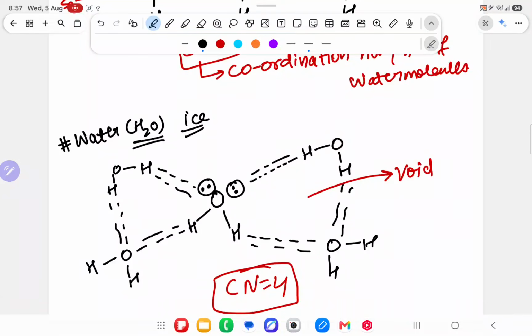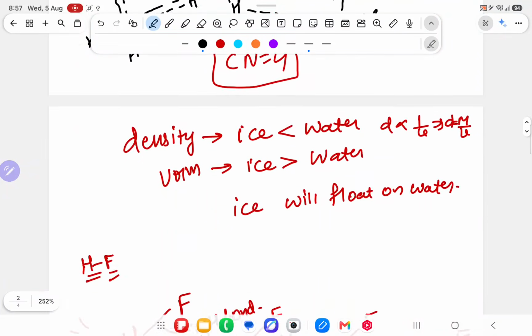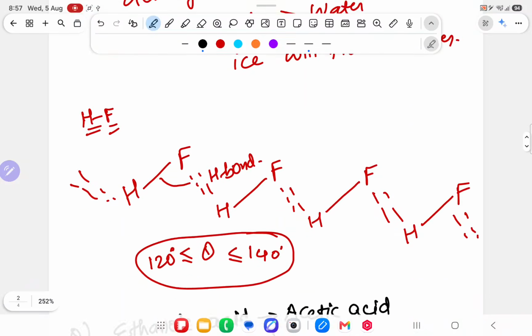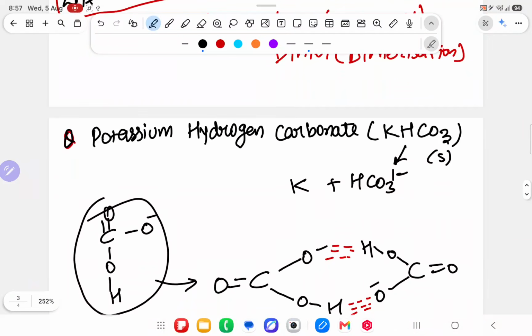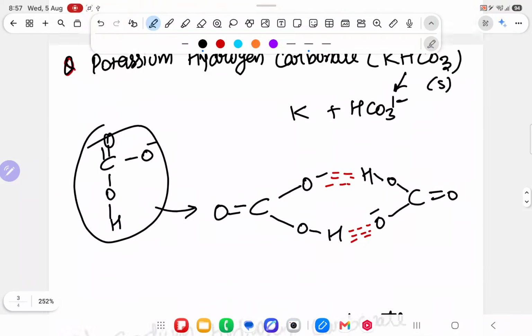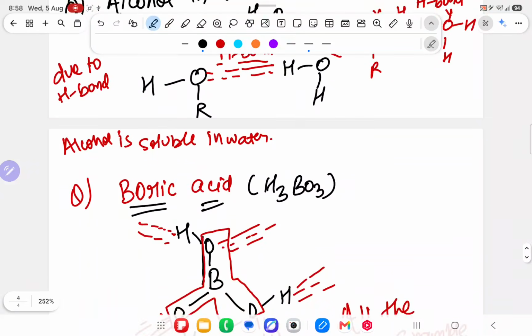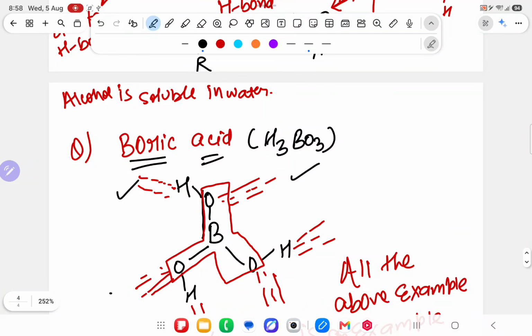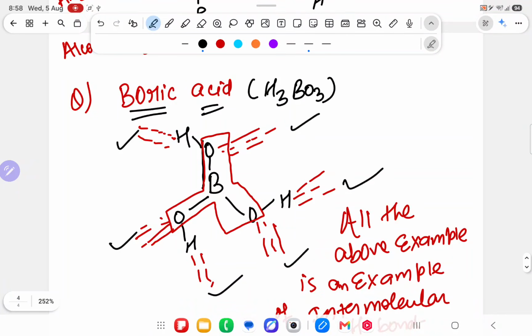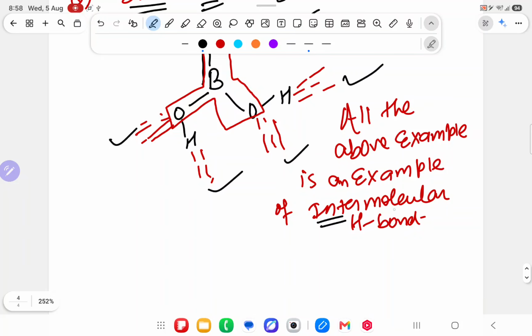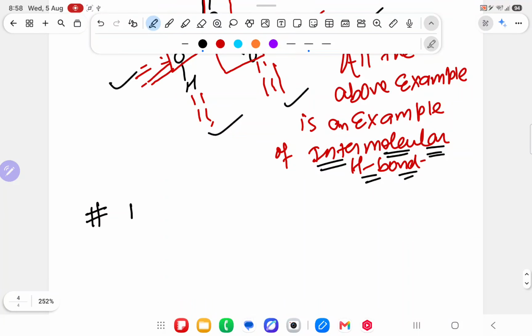Lots of molecules of water as ice, lots of molecules of water as a liquid, lots of molecules of HF, 2 molecules of ethanoic acid, 2 molecules of sodium hydrogen carbonate, one is alcohol, one is water, boric acid, another molecule I have to take in each and every place here. So over here they are known as inter, meaning two molecules are coming and combining together to form a hydrogen bond, and this is the example of intermolecular hydrogen bond. Now I am going to dictate intramolecular hydrogen bond.